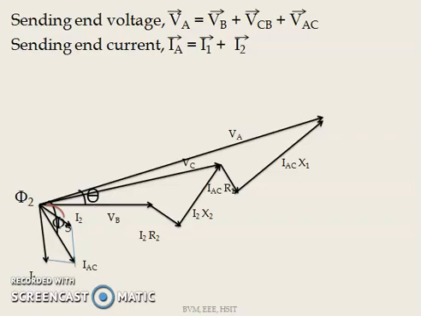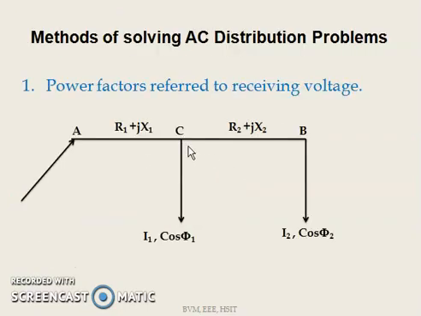Now, in this section we have current I2. When this current flows through resistance R2, there will be a voltage drop which is in phase with I2. This I2R2 is in phase with I2. Not only I2R2, you have I2 into X2 also, and this I2X2 leads I2 by an angle of 90 degrees, which I have written here.